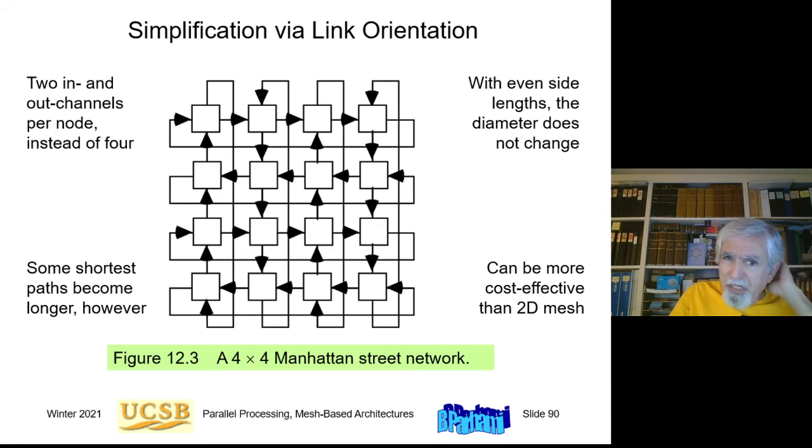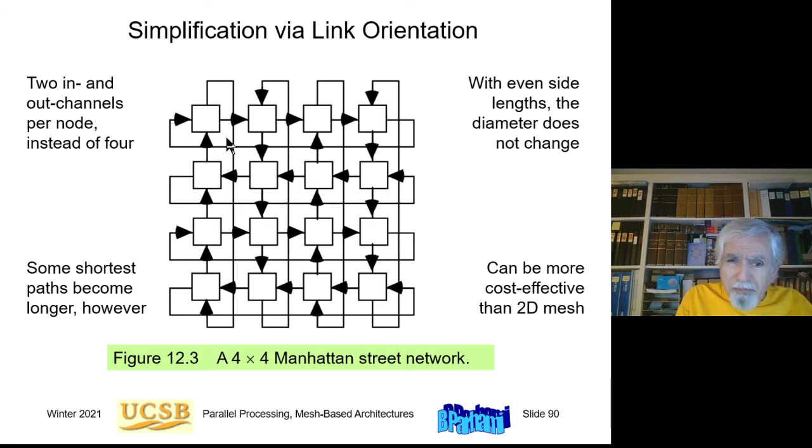By making the channels between nodes unidirectional, so if this were a bidirectional channel and I wanted to communicate at the same time over both directions, I would need twice as many wires, okay? Making it one directional, I save on the number of wires, and I can still send messages between processors.